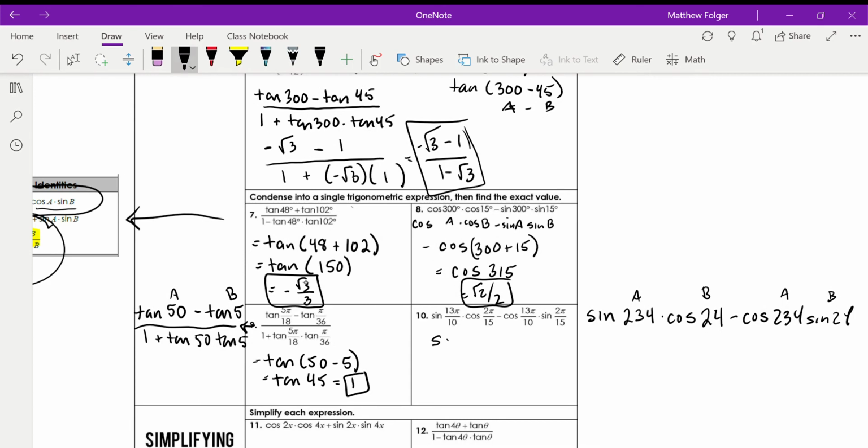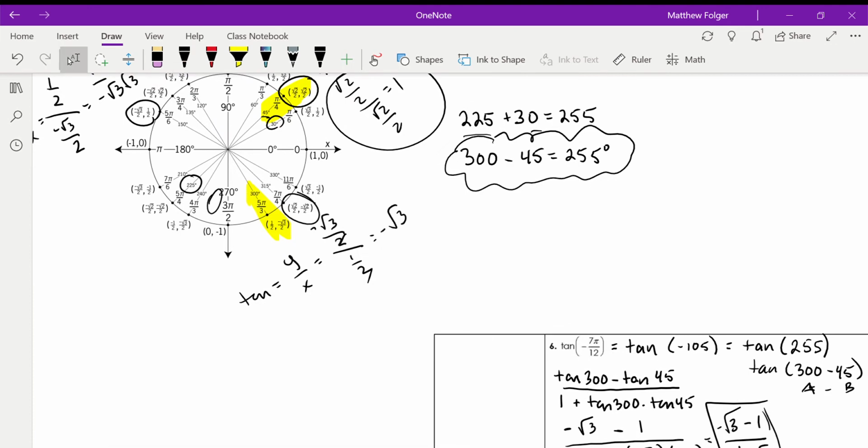So this is sine of 234 minus 24. Well, that's sine of 210. And I'm assuming that that's one of the numbers on our unit circle. So let's see. Sine of 210 is the y value here, which is negative 1/2.